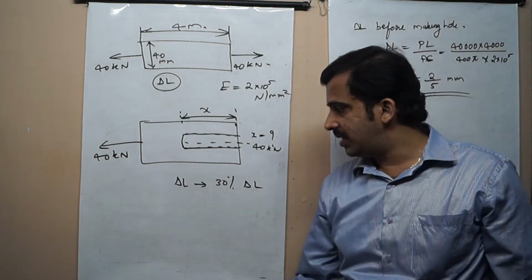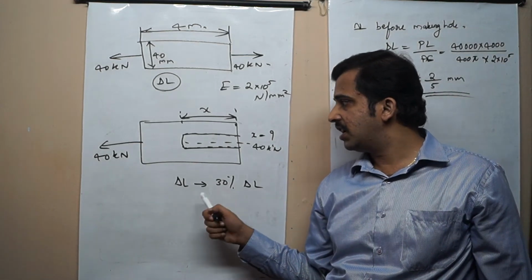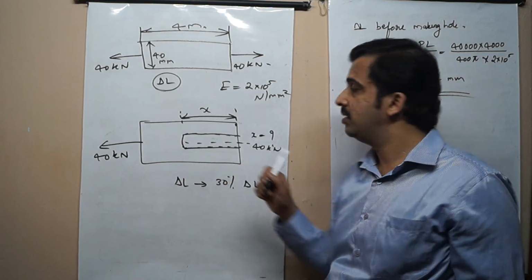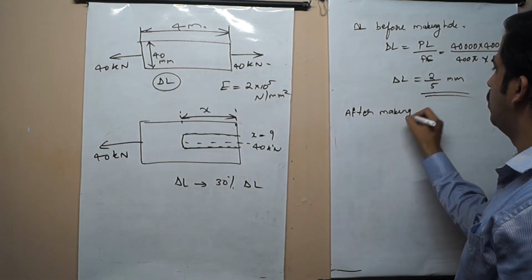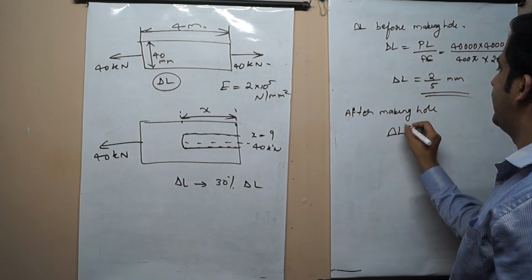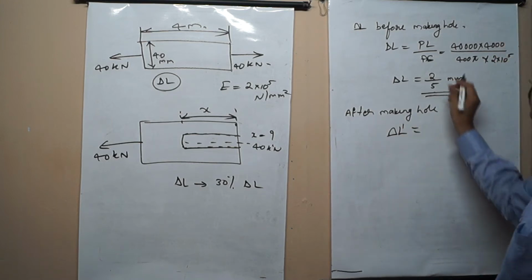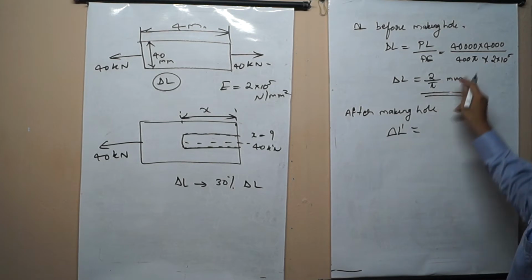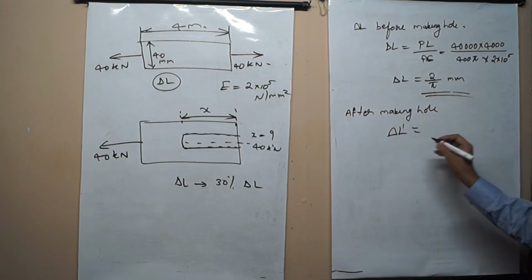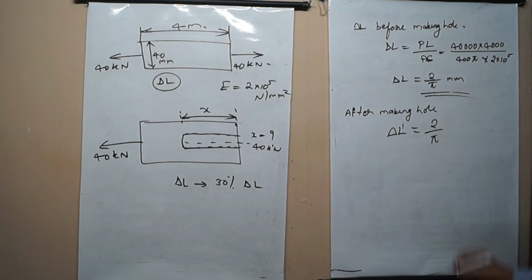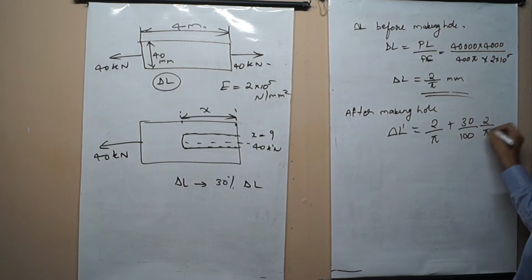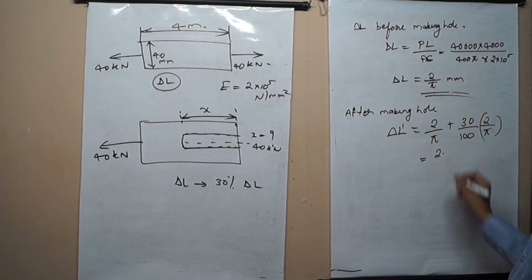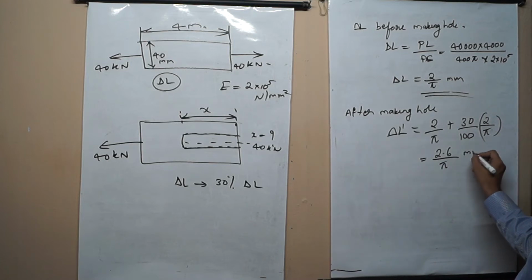Now in the question, it is said that delta L is 30% more than the initial elongation when you make a hole here. So after making the hole, delta L dash is equal to 2 by pi plus 30% of the original elongation, that is equal to 2.6 divided by pi mm.